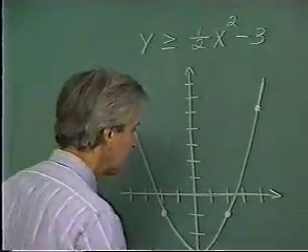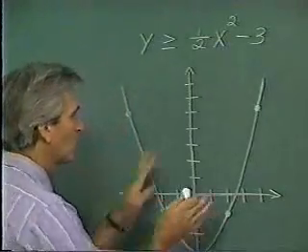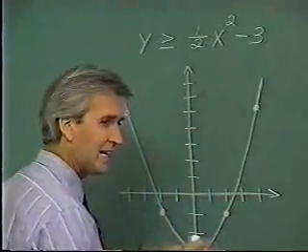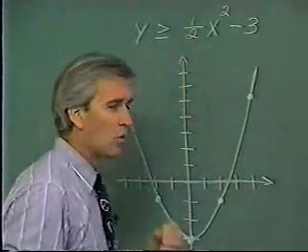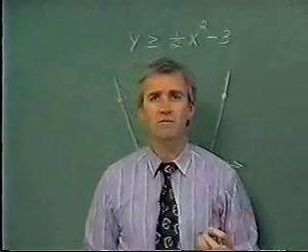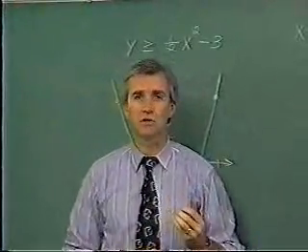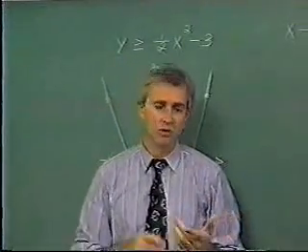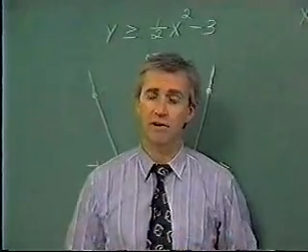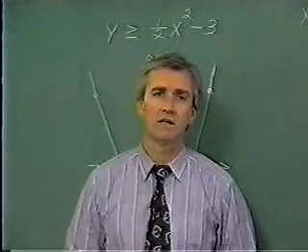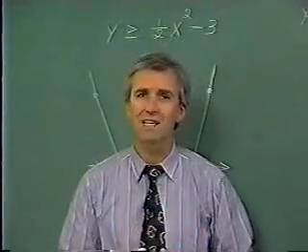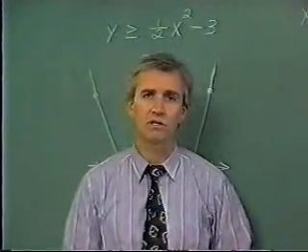Let's see, there are a couple of ways of determining which side we're going to shade as our solution for the inequality. By the way, the word solution for an inequality is much the same as the idea of solution in equations, and that is that we're looking for replacements for variables that cause the inequality to become true. And that group of replacements represents our solution set.